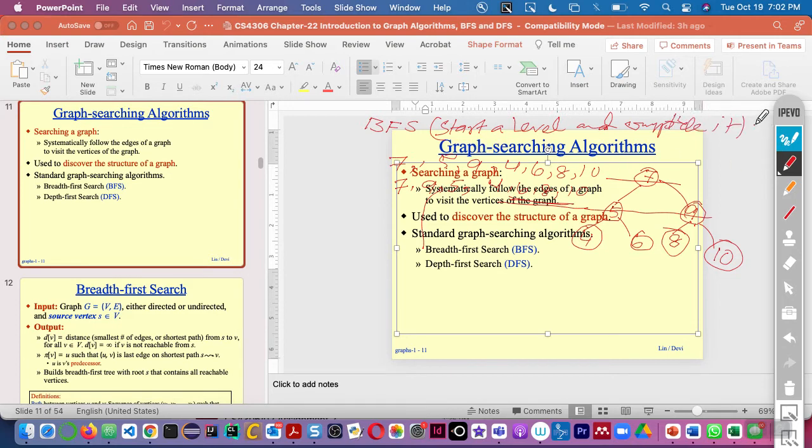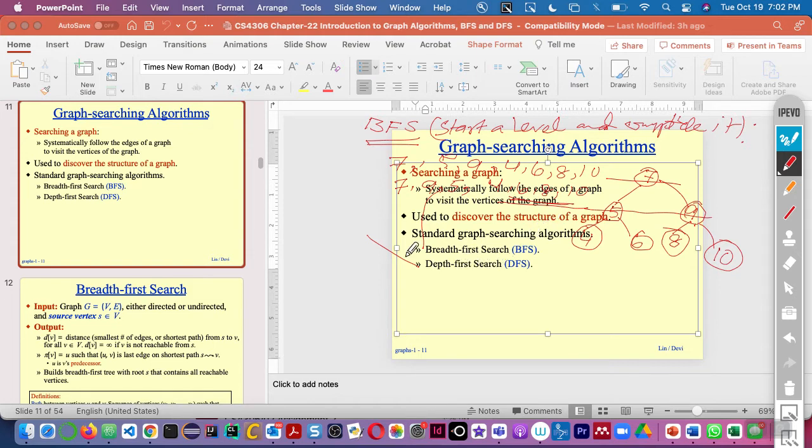So the breadth first search is easy, compared to depth first search, which is more difficult. There are three kinds of depth first search: in order, pre-order, and post-order.